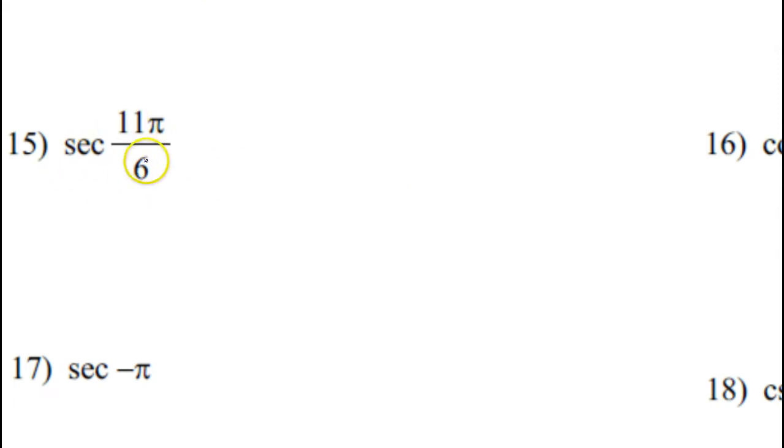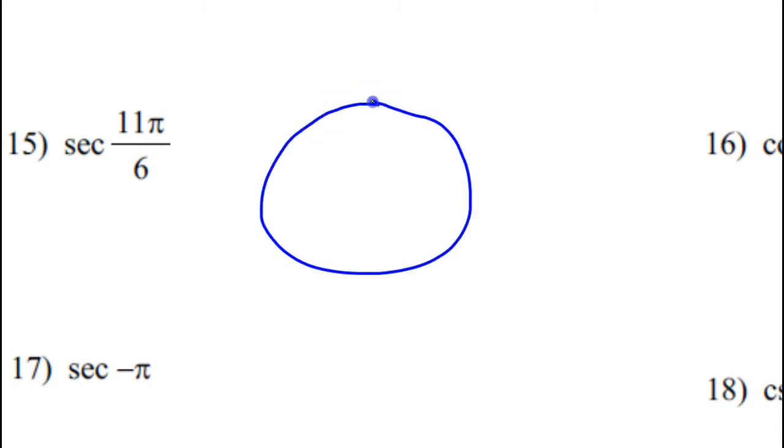11 pi over 6. So obviously the reference angle is pi over 6. So I'm going to figure out what is the secant of pi over 6. So let's draw it. Since the reference angle is pi over 6, I'm going to draw a bunch of pi over 6s.